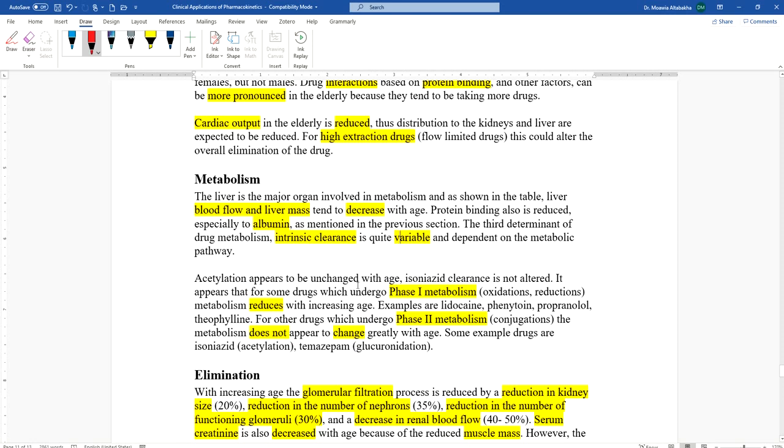But what we can say is that for drugs that undergo phase 1 metabolism, we find that metabolism reduces with age. As for drugs that undergo phase 2 metabolism, generally there is no change in metabolism, such as acetylation and glucuronidation. Okay.